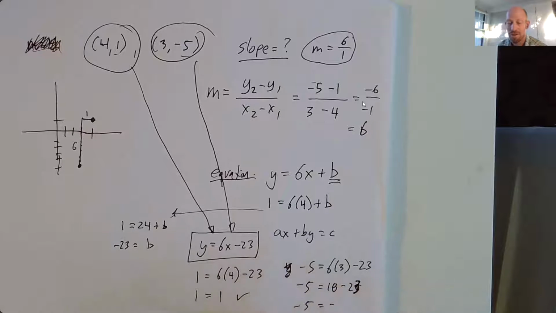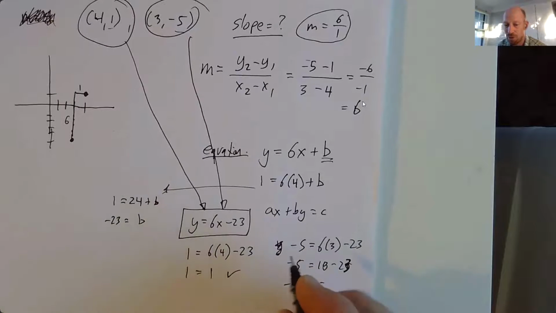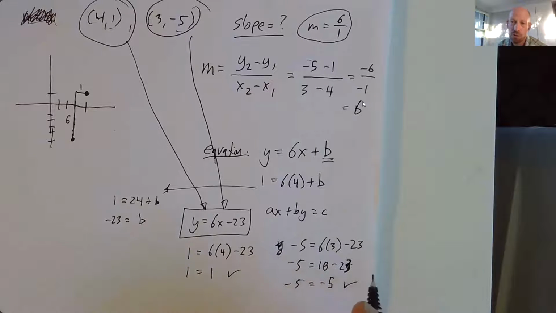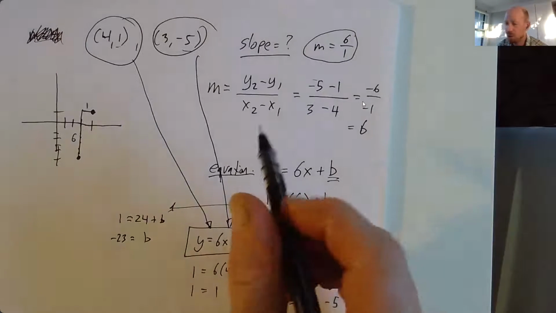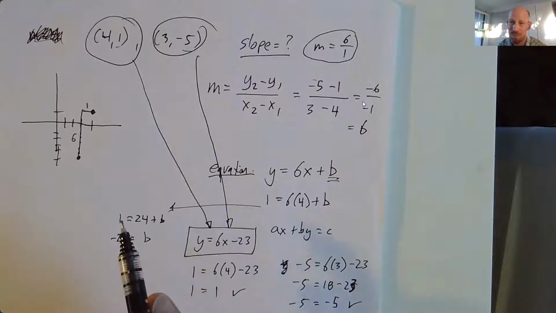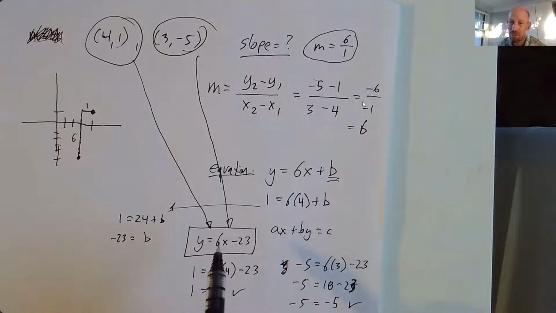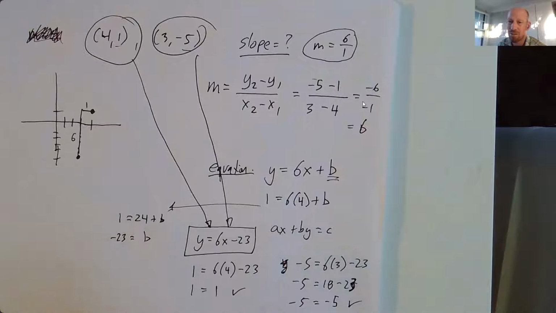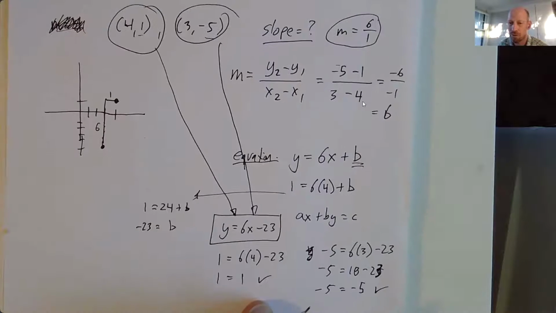I know that. 18 minus 23, which is minus 5. Check. Right. So, whether you believe any of this stuff or not, this is the line that goes through those 2 points, because when I put those points into this line, they give me true statements. That's what it means for the line to go through those points.